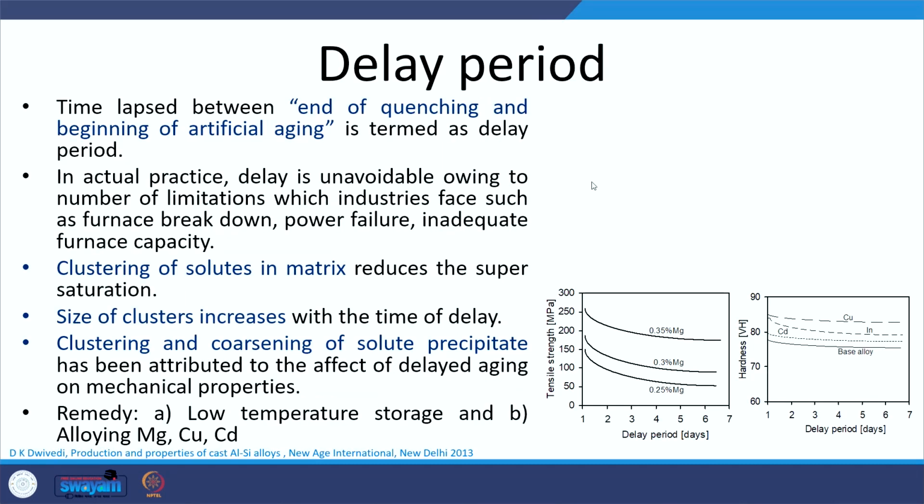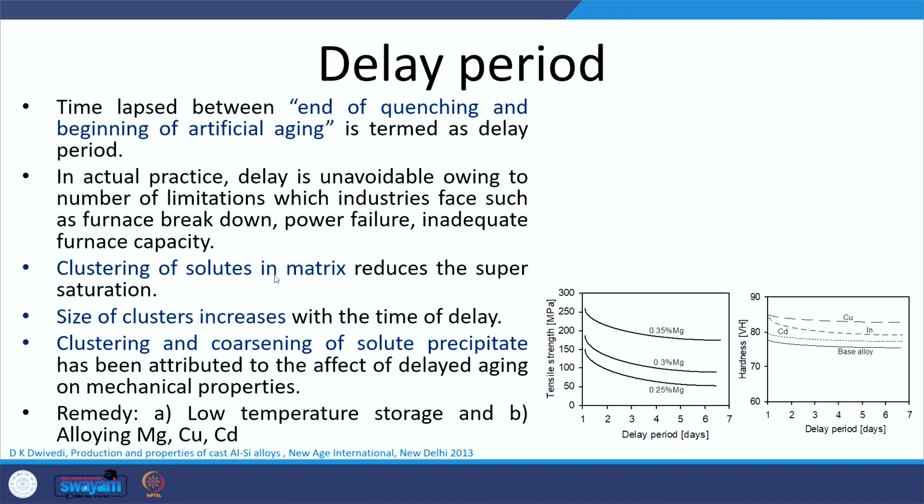The delay period is another thing. In industries, most of the time it is not possible to do the aging immediately after the quenching. The time gap between the end of the quenching and the beginning of the artificial aging is termed the delay period. In actual practice, the delay period is unavoidable due to a number of limitations encountered in the industry, such as furnace breakdown, availability of power, or inadequate furnace capacity.